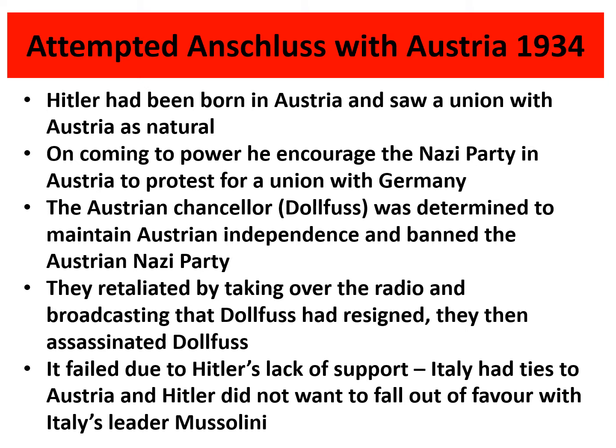At the time, Hitler wants to be best friends with the leader of Italy, a man called Mussolini. Italy had ties to Austria, so Hitler did not want to fall out with Mussolini over this. So what happened? All of this is kicking off in Austria.